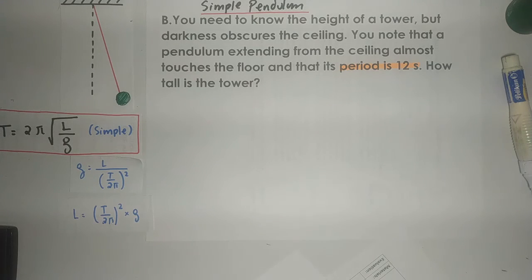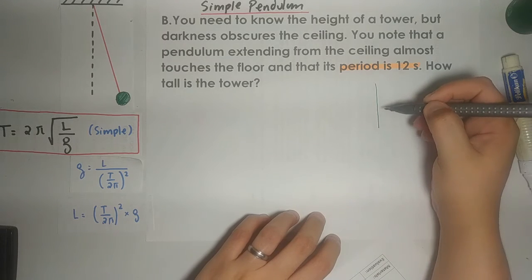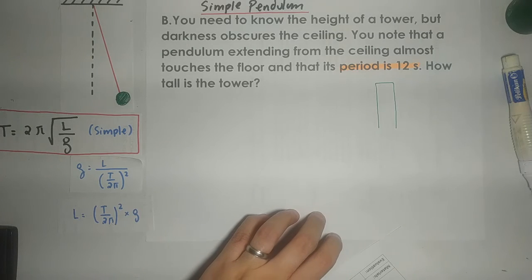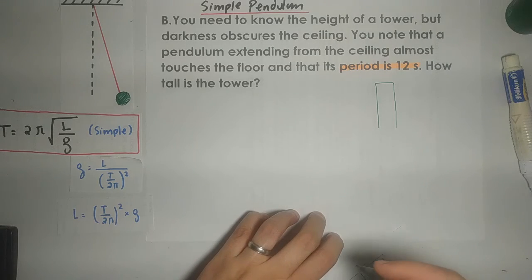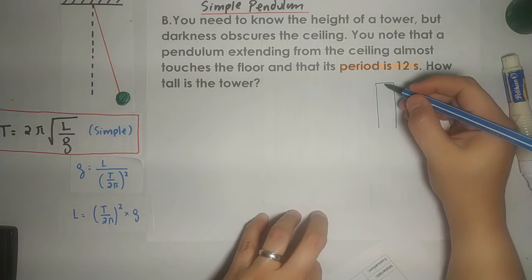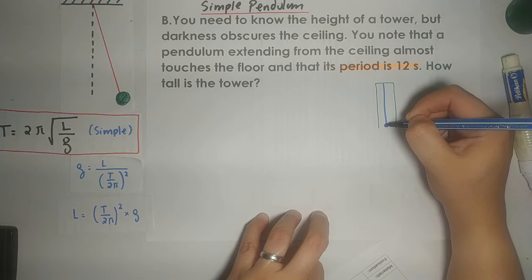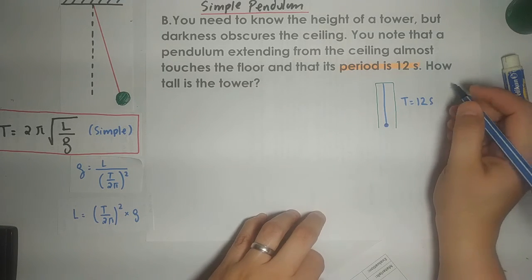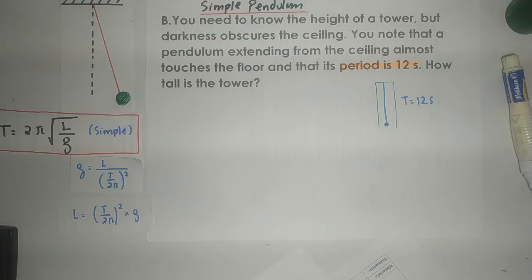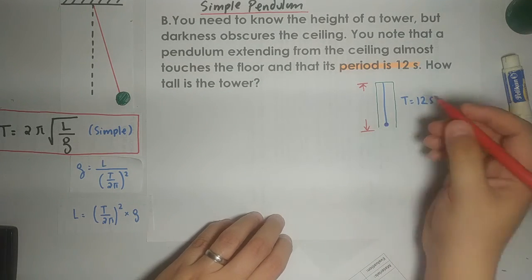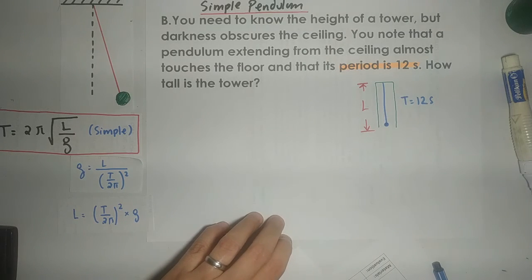To visualize it a little better, just imagine that this is the tower whose height you want to know, and there's a pendulum right here from the ceiling, almost touching the floor, and its period is 12 seconds. From that you want to know how tall the tower is. So if we're talking about height, right here we're talking about the pendulum's length.